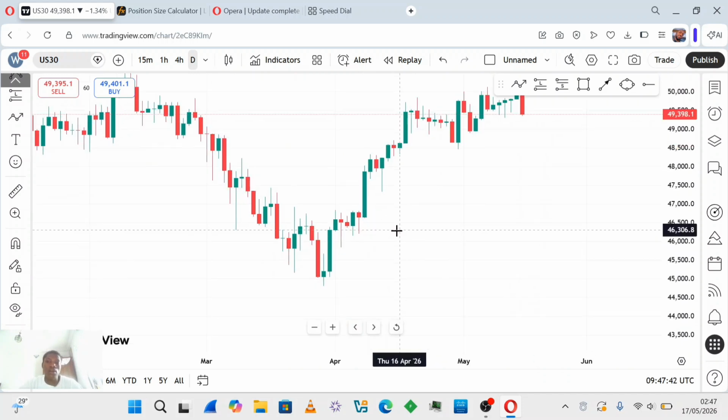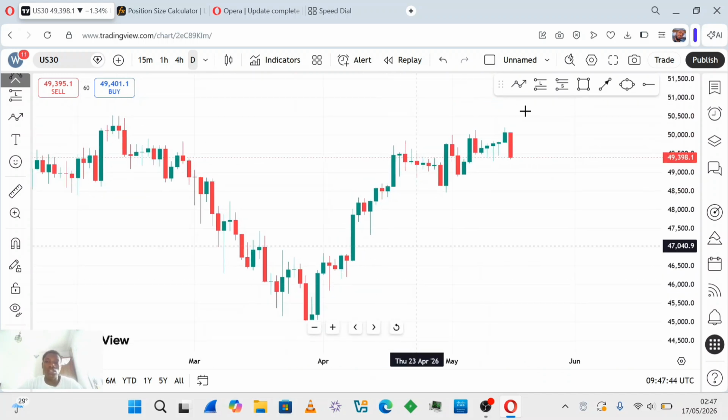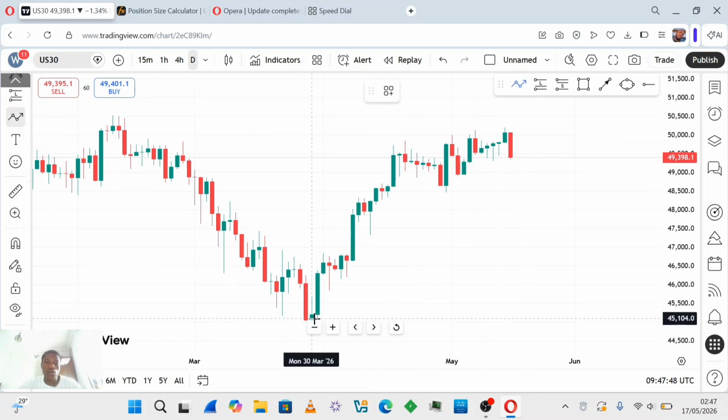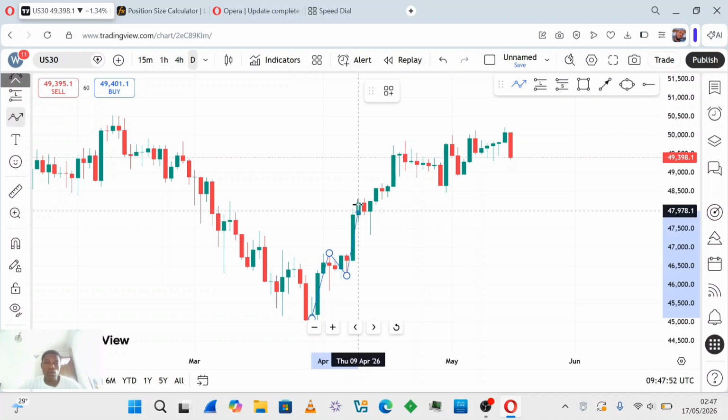So price was making an uptrend just by using this pattern. This is a high, a low, a lower high, a higher high, a lower high. What am I saying? This is a higher low.